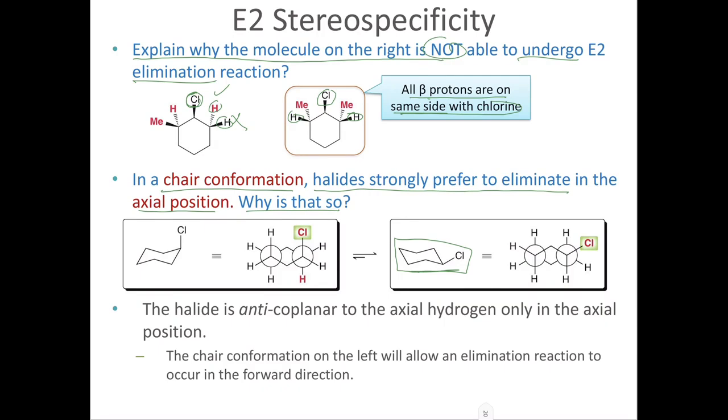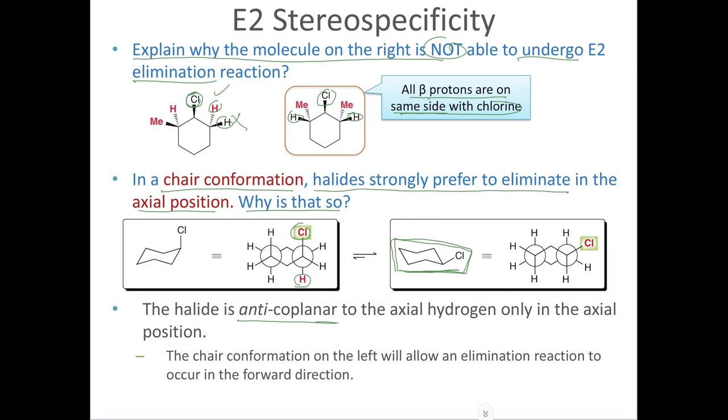However, when it wants to undergo elimination, it has to acquire an orientation that will allow it to be anti-coplanar, so that the proton and the leaving group are on the same plane.